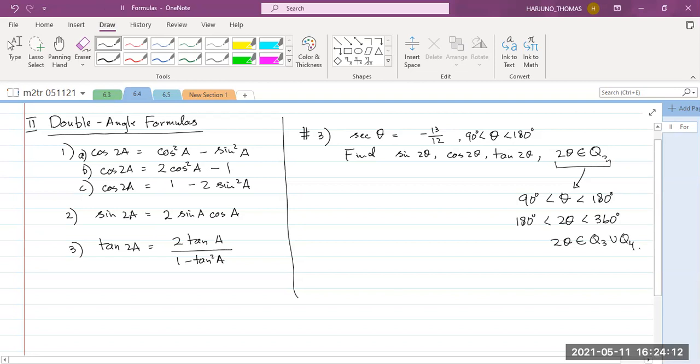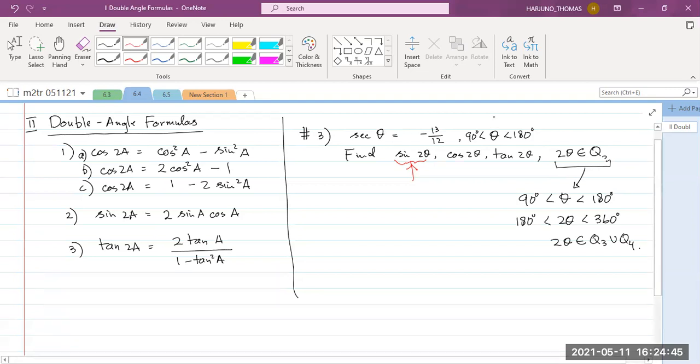If you want to know precisely which quadrant 2 theta is located in, then doing sine 2 theta will not be of any help, because sine 2 theta in quadrant 3 will be negative, and in quadrant 4 it will also be negative. So we know sine 2 theta will be negative, and it doesn't tell us which quadrant it is located in, because sine of an angle is negative in both quadrant 3 and quadrant 4.